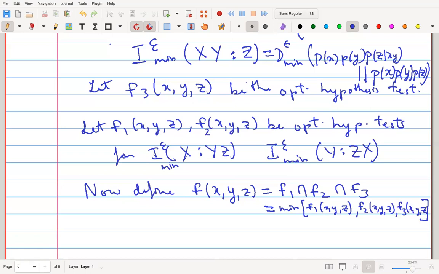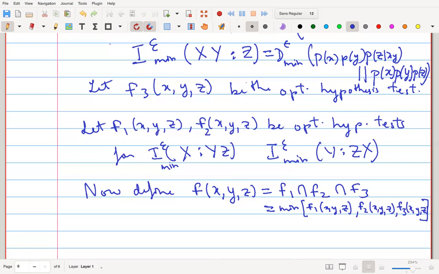But for our I epsilon min, we don't have subsets, but rather the fuzzy version of subsets. It's really like a fuzzy set, where you accept XYZ with a prescribed probability, let's say F3 of XY. In that case, in fuzzy set theory, this would indeed be the intersection of three fuzzy sets.